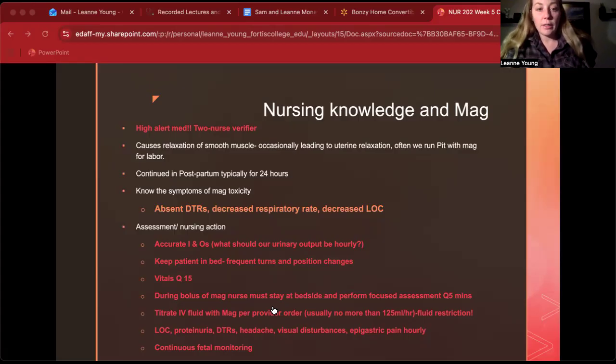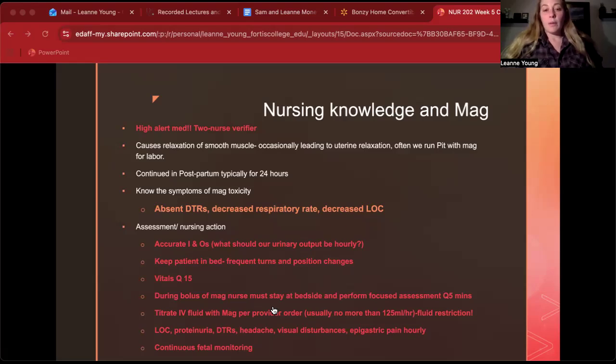It causes relaxation of the smooth muscle, so it occasionally leads to uterine relaxation. So what does that mean? If a mom is in labor, this can sometimes get rid of her contractions because it's causing that systemic relaxation of smooth muscle. It can also cause your uterus, which is a muscle, to relax.